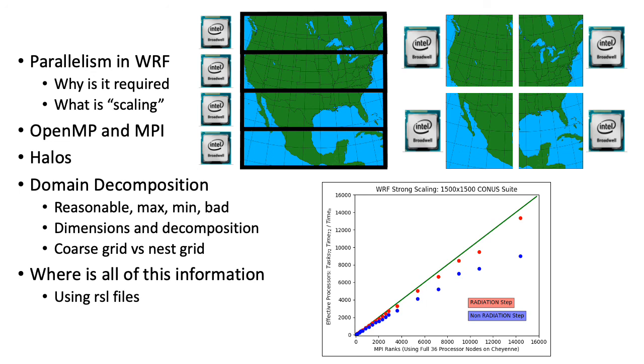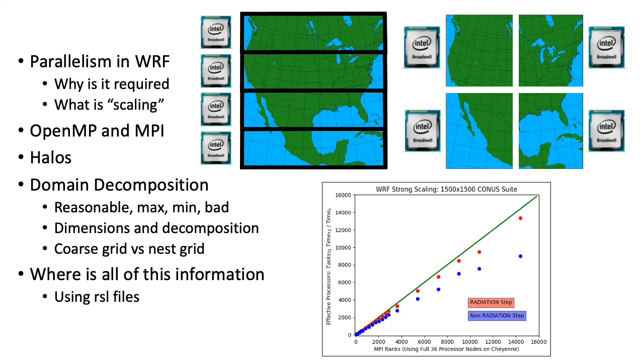These dimensions and decompositions are intrinsically hooked together, and that's true for all of the domains. The number of grid cells in the coarse grid and the fine grid may be different, but the resultant domain decomposition, how many MPI processes in the J direction and how many tasks in the I direction, is the same for each one of the domains.